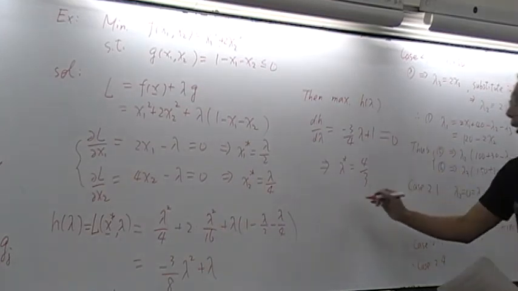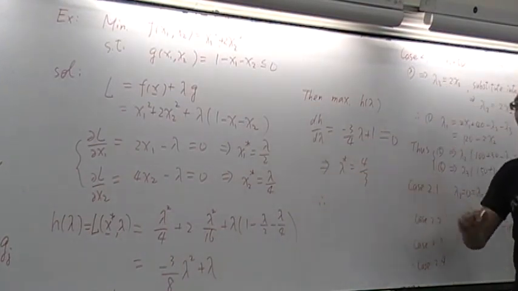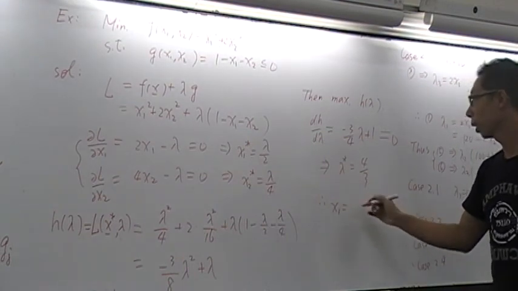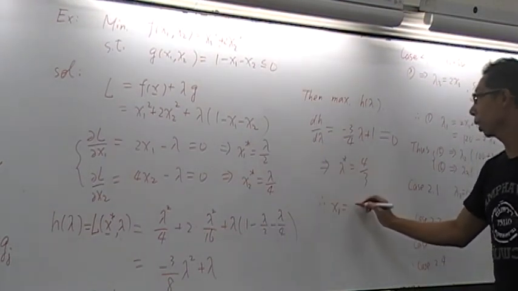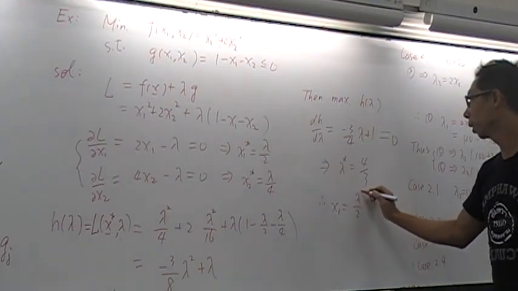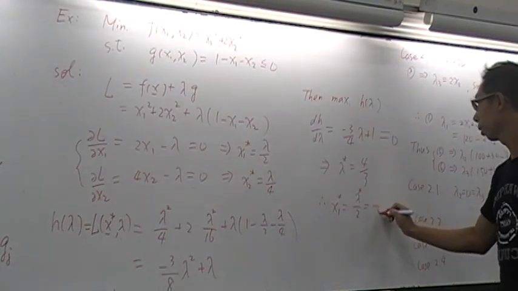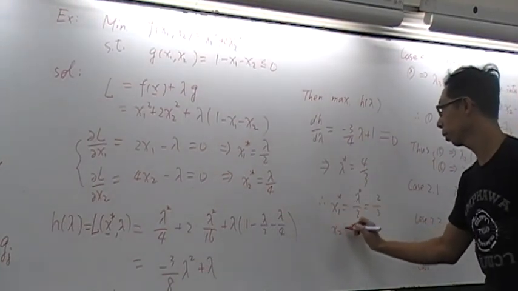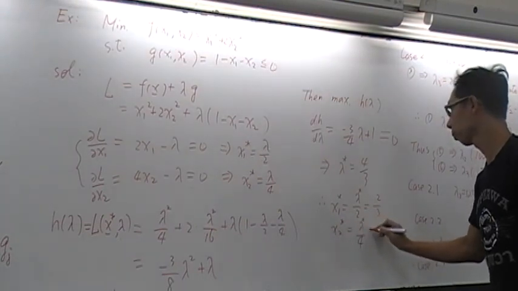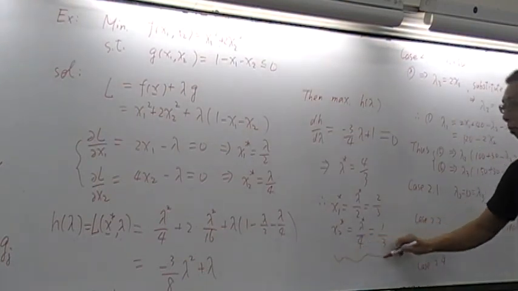But anyways, when lambda star is calculated, what is x? So finally, my solution is like this: x1 star is 1/2 of lambda star, and x2 star is 1/4 of lambda star. That's it.